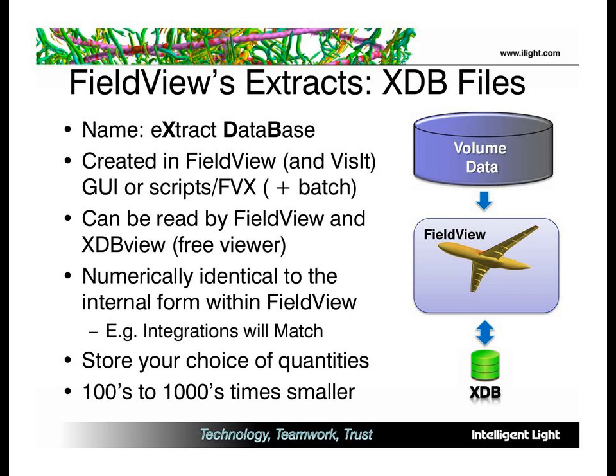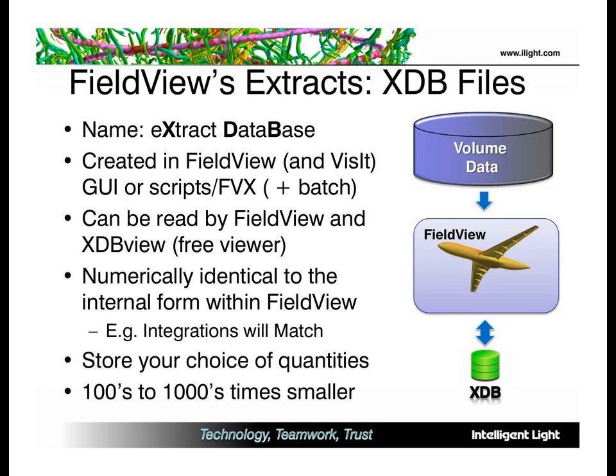But the key point is you do the reading of the volume data and the creation of the XDB on the HPC resource remotely, where you have a large amount of compute and where the files are local. And then you can bring the smaller XDB files wherever you're actually going to interact with them or finish your work.